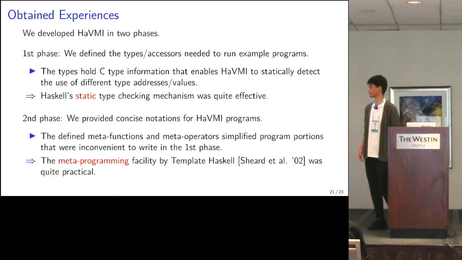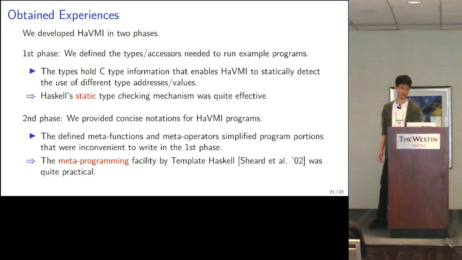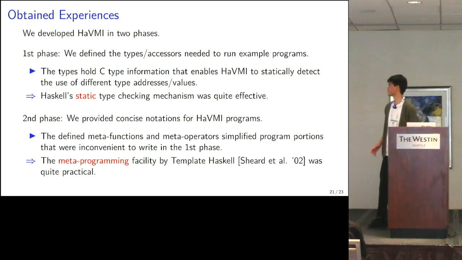Based on the design choice in the previous slide, we developed HaVMI in two phases. The first phase was defining the types and accessors needed to run example programs. In this phase, the types hold C-type information that enables HaVMI to statically detect the use of different type addresses and values.